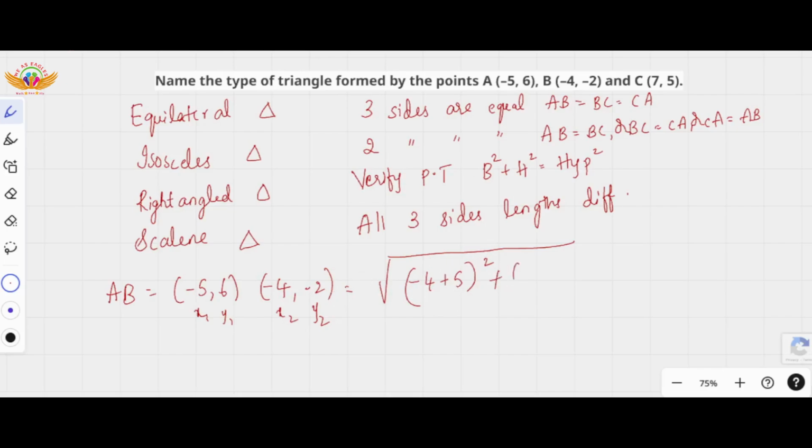What is y2? Minus 2 minus 6 whole square. So 5 minus 4 is 1, 1 square is 1 only. Root of 1 plus, minus 2 minus 6 is minus 8, 8 square is 64. Plus 64. We got root 65 as our AB.